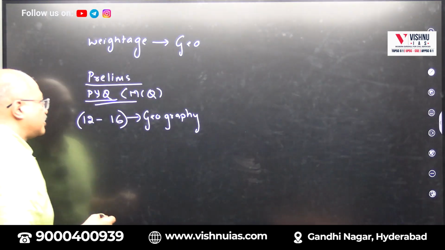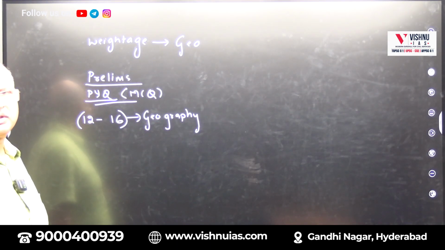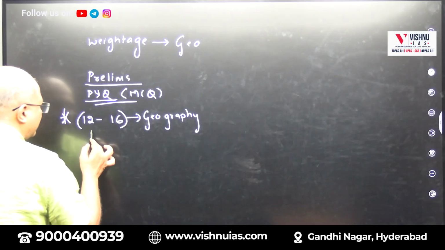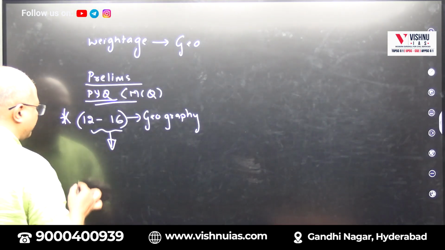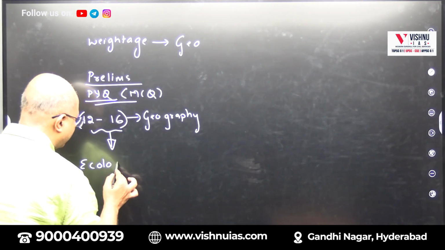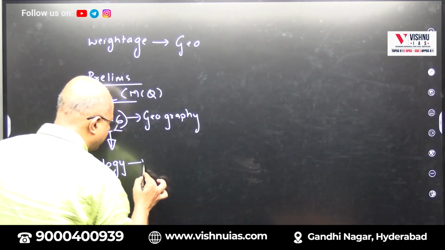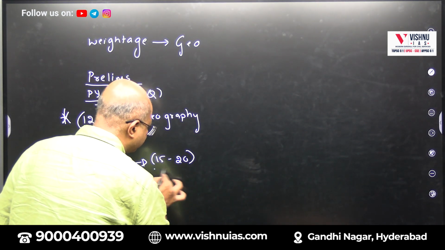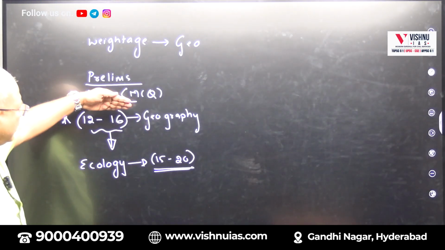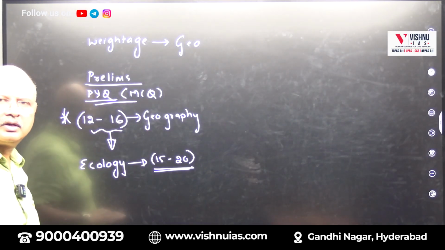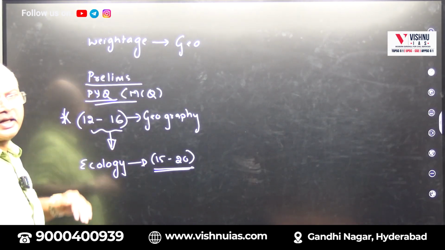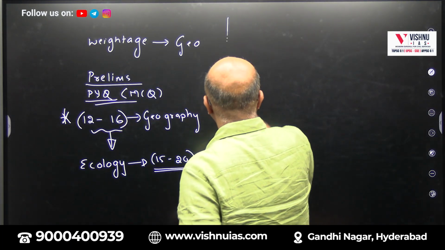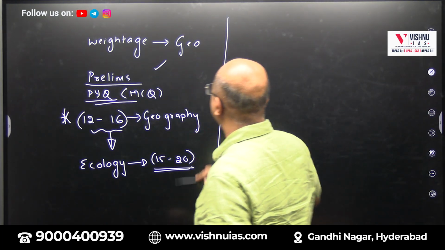Sometimes it may reach up to 18 or more. Linked with geography, there is ecology and environment, from which around 15 to 20 questions are asked. If you are good in geography, you can write very good answers, or take correct choices when you are writing your prelims. So this is with reference to prelims in geography.